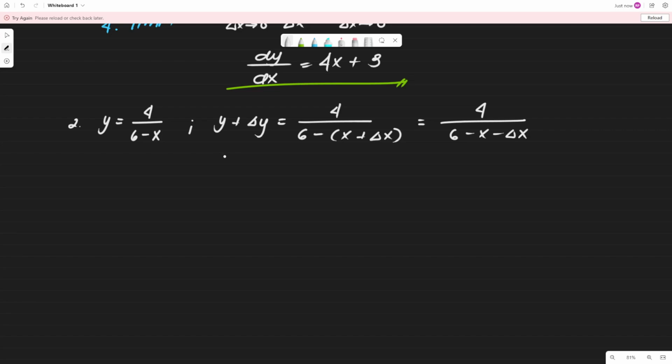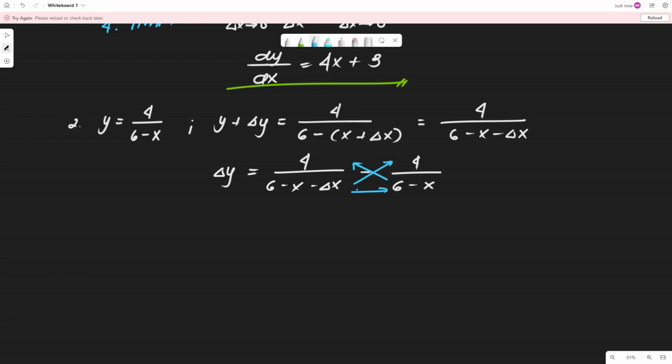Next step, subtract both sides by the original function. On the other side, only delta y is left. So we will have 4 over 6 minus x minus delta x minus 4 over 6 minus x. Let's simplify first. When we have a fraction with polynomials, we can do cross multiplication.